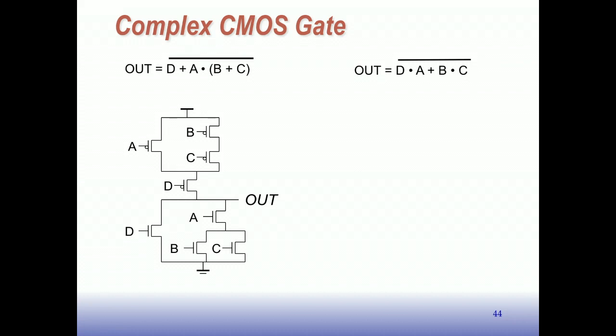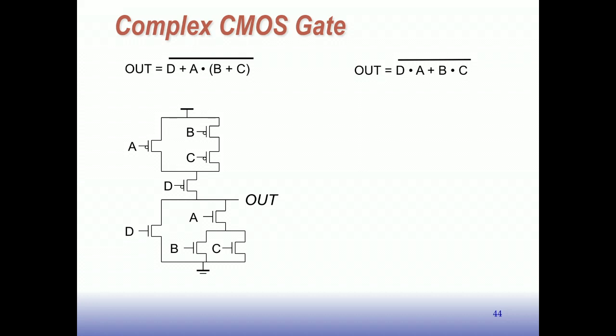And then the pull-up, the dual of that: those two which are in series here are going to be in parallel, and those two which are in series are going to be in parallel. And then those two branches that are in parallel are going to be in series.